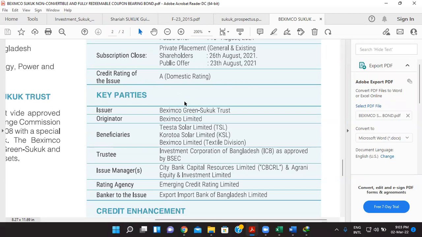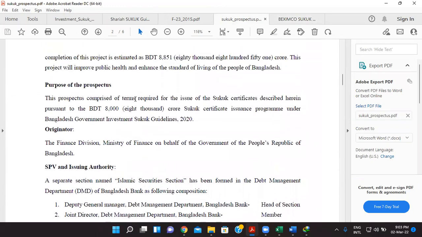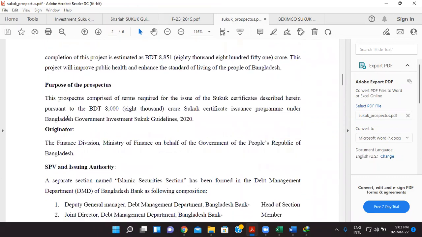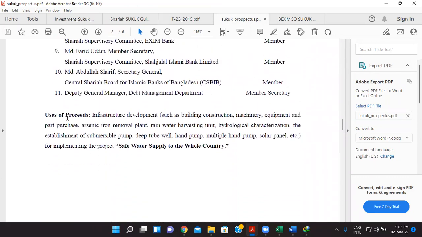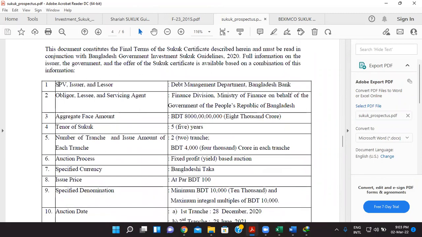Okay. In case of Bangladesh government security, who is the issuer? Government? No, not necessarily government. It is the Bangladesh Bank. You see, SPB, issuer, and the lessor, they have made it very clear. Who is the authority?